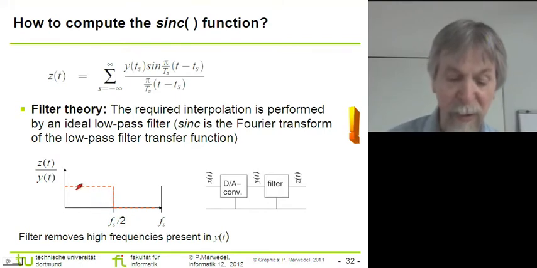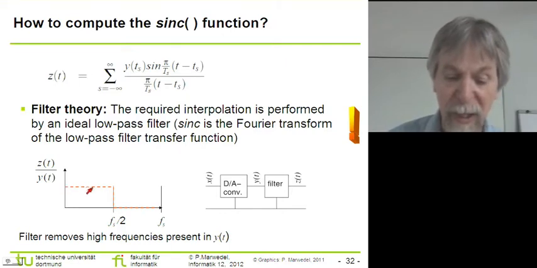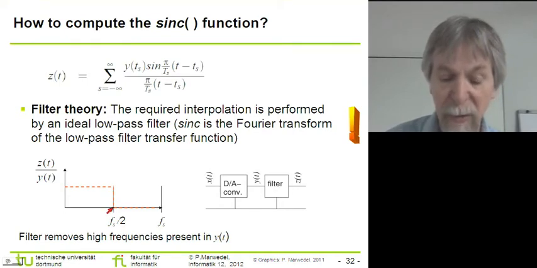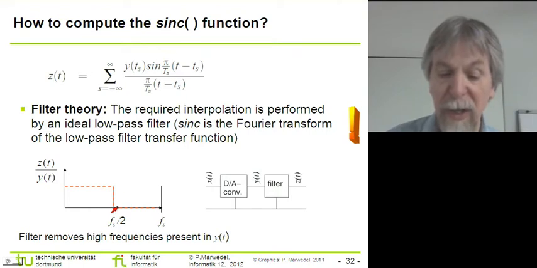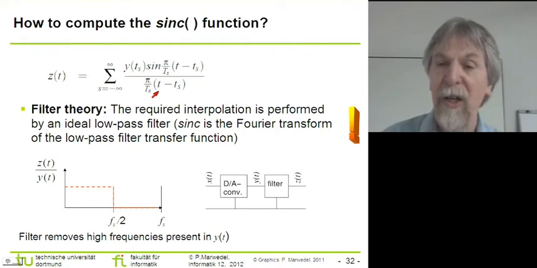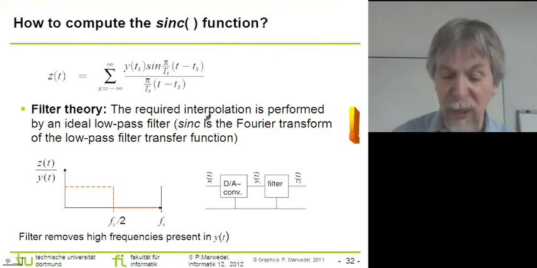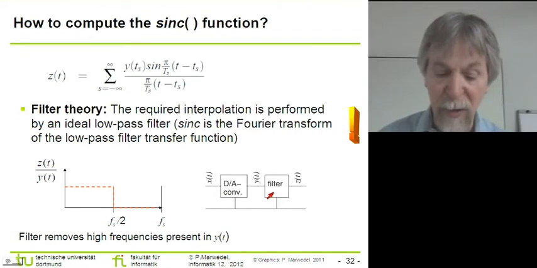For a low-pass filter function, we are not affecting the input signal in any way until we are reaching the cutoff frequency. And then beyond the cutoff frequency, the output is supposed to be 0. So that would be the purpose of a low-pass filter. And that means instead of having the rather complicated equation over here, all we have to do is add a low-pass filter to the output of the DA converter.